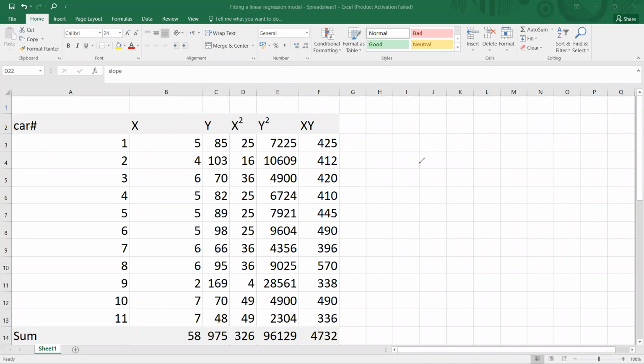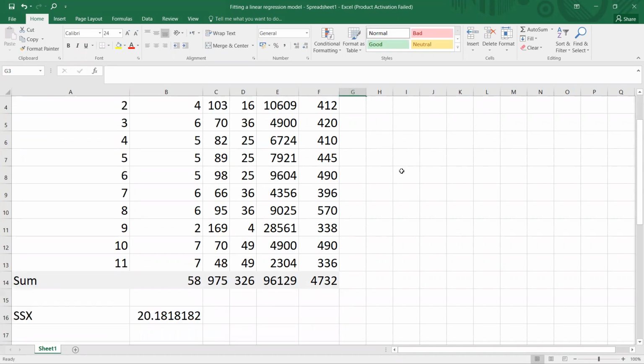Values of y cap, y hat, y cap. How is y cap computed? There is a formula.